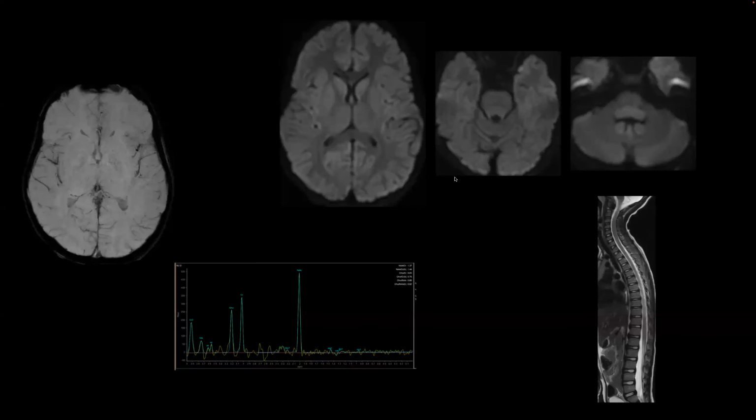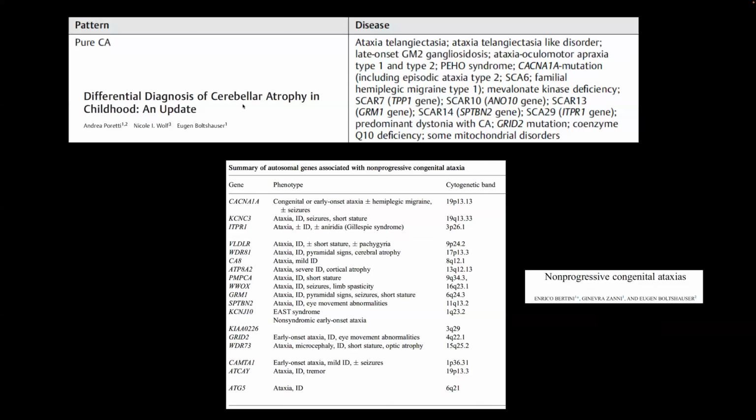Diffusion: no diffusion changes, no SWI abnormalities, especially in the basal ganglia. Spectroscopy is non-contributory, non-diagnostic. The spinal cord MRI is normal, with no volume loss of the spinal cord and no focal lesions. These are papers from Eugene, and at least radiologically, I could point out that cerebellar atrophy was the predominant finding, and a large list of differentials can be seen.